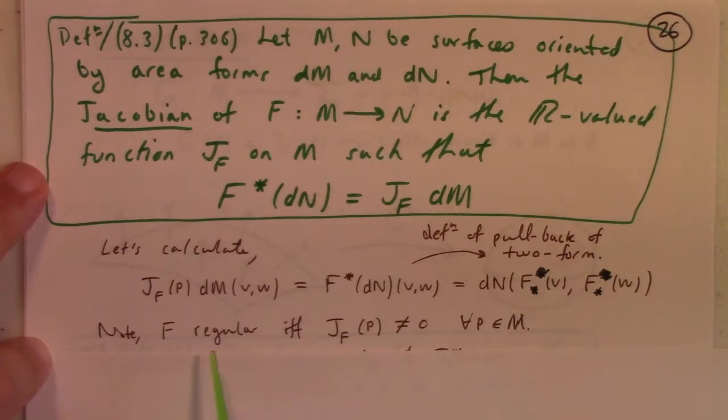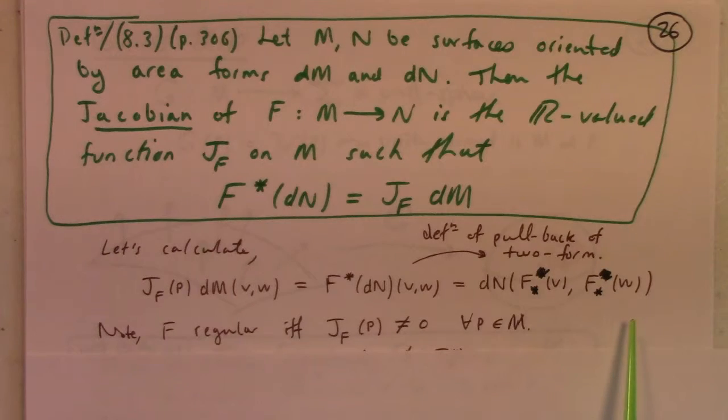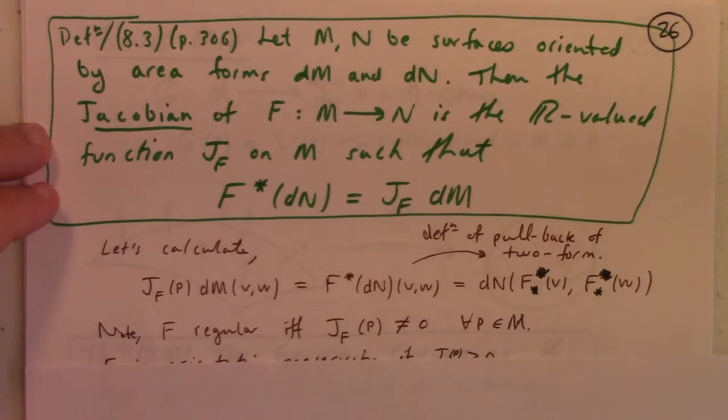All right, so note, if f is regular, f regular means that the Jacobian is not equal to 0 because, well, let's see here. Well, this is all proportional to like a cross product of these things or those things. I'm having trouble thinking of how to explain that right this second.